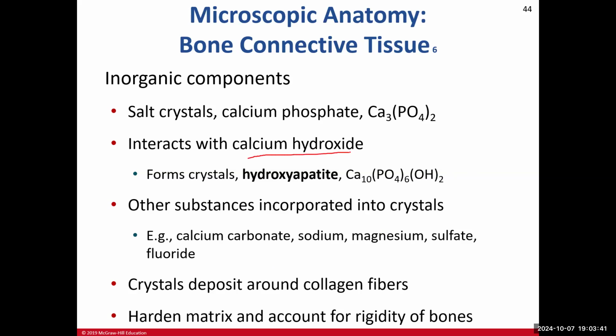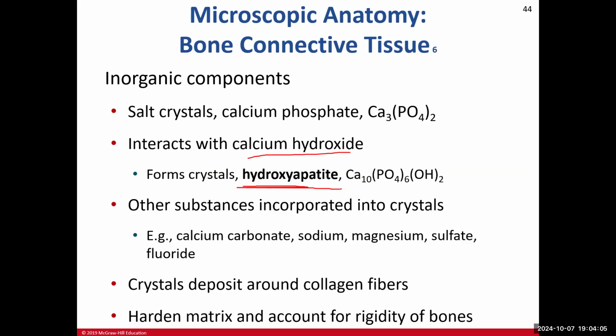These molecules will interact and form this substance, and you don't have to know the molecular formula, right? But hydroxyapatite. So this hydroxyapatite, you can see what it's made up of: calcium, phosphate, hydrogen, oxygen, all right?